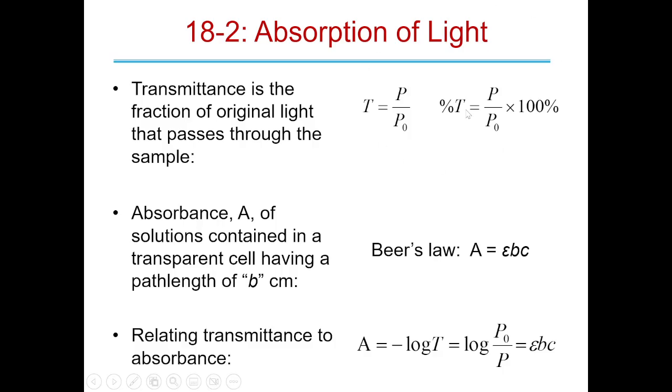Now you may have noticed that Beer's law and everything are typically done in absorbance. Absorbance is going to be a logarithmic scale of transmittance. It is a p-function of transmittance. Remember pH, pE, how we did all those? Negative log of. That's what absorbance was all this time. So absorbance, A, of the solution contained in a transparent cell having a path length of b would be Beer's law.